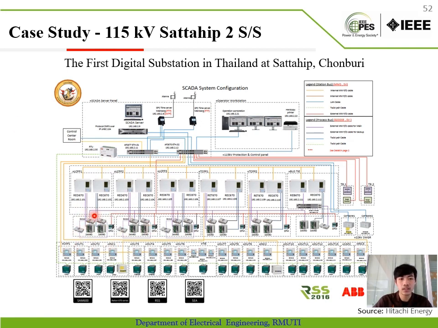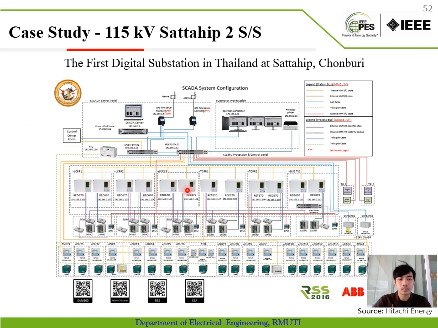VT display is SAM 600 that takes the current and voltage signal from CT and VT and connects to the SAM input-output process bus for changing the current and voltage signal to a digital signal through the Sampled Values protocol to the relay for protection and controlling.